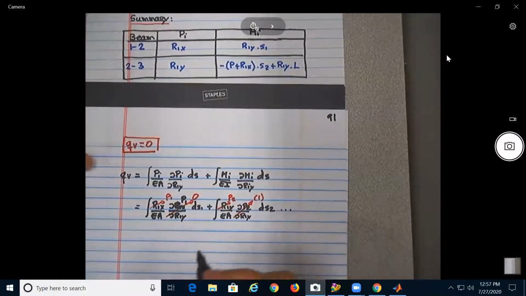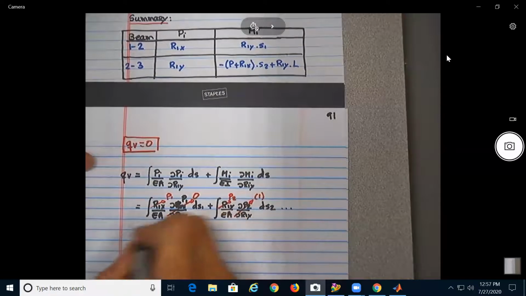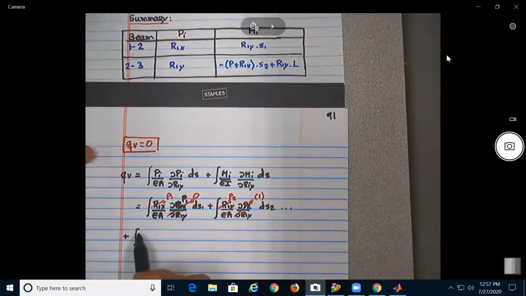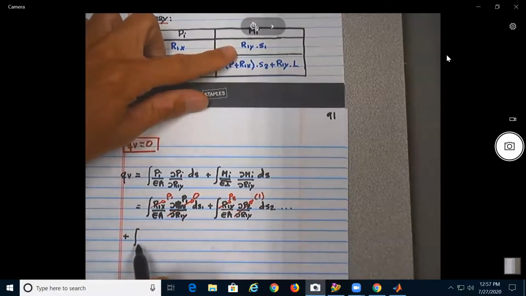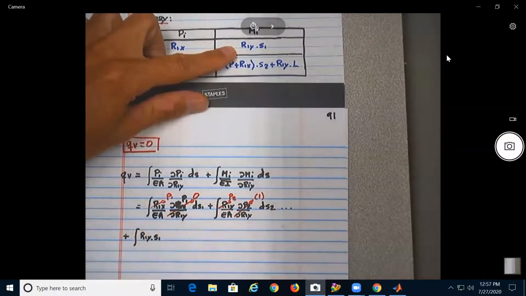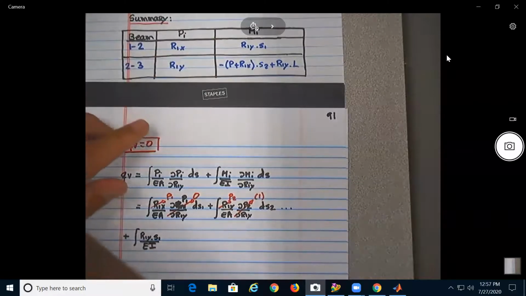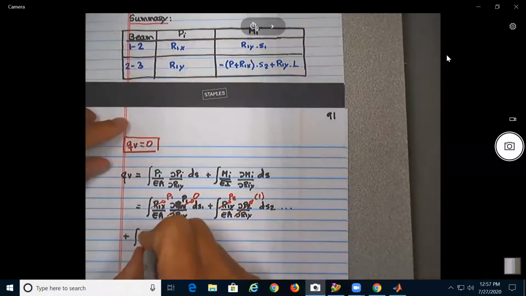So now this will give you plus the integral of M1. What is M1 equal to? R1y times S1 divided by EI. I'm going to stop putting it because this is too many details.